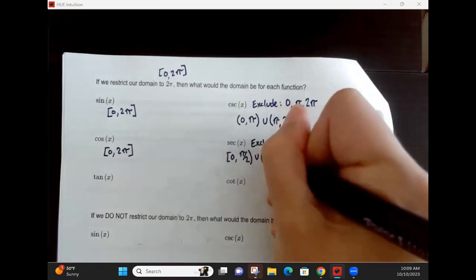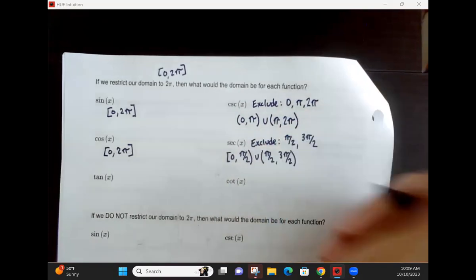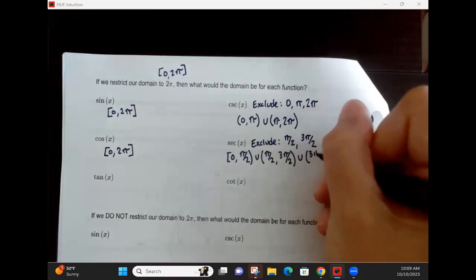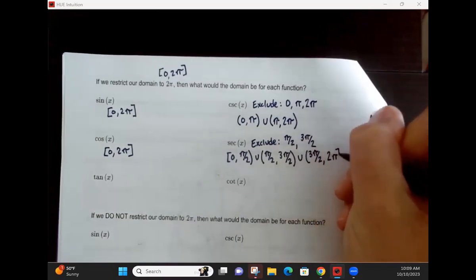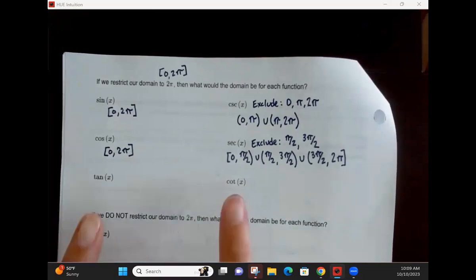And then pi over 2 to 3 pi over 2. Again, parentheses because we're undefined at those places. And then 3 pi over 2 to 2 pi. We get a bracket at 2 pi because 2 pi is okay. I would like you now to write down the domain for tangent and cotangent. Again, remember we're sticking between 0 and 2 pi.